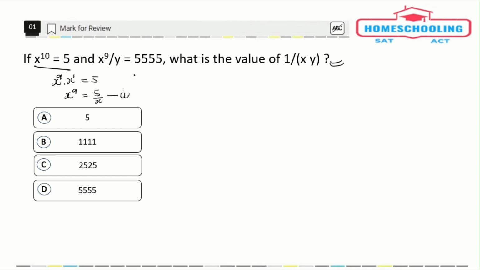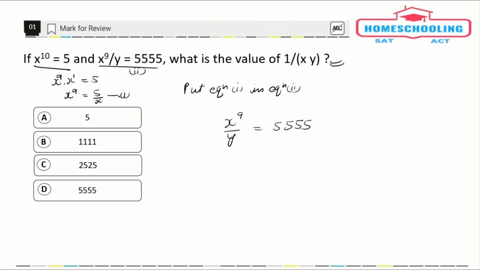So this is our equation 1 and this is our equation 2. So put equation 1 in equation 2, where x to the power 9 by y is equal to 5555.